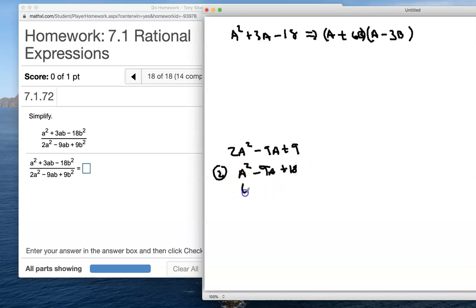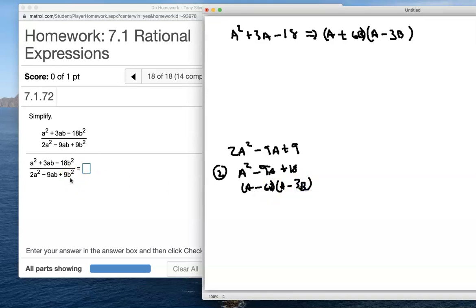What's that going to be? It's going to be a and a, double negatives for the positive 18, 6 and 3. But again, we forgot the second variable. What you're going to do is put the variable back in at the end, attached to the numbers, because we want 6b and 3b to generate the 9.